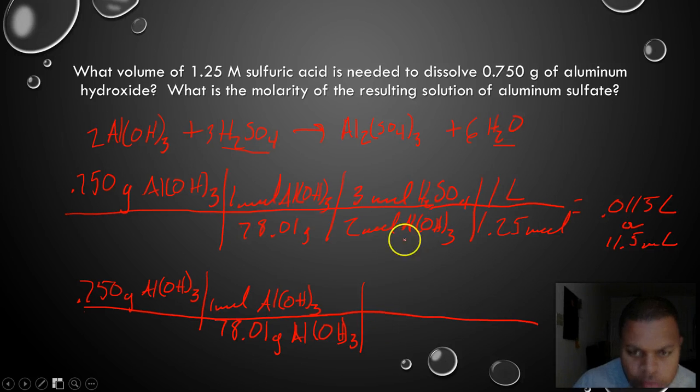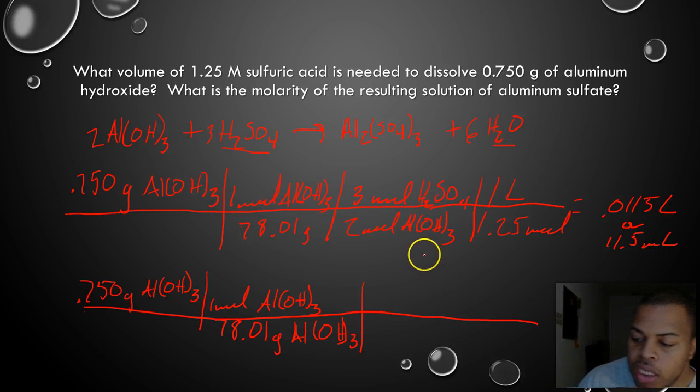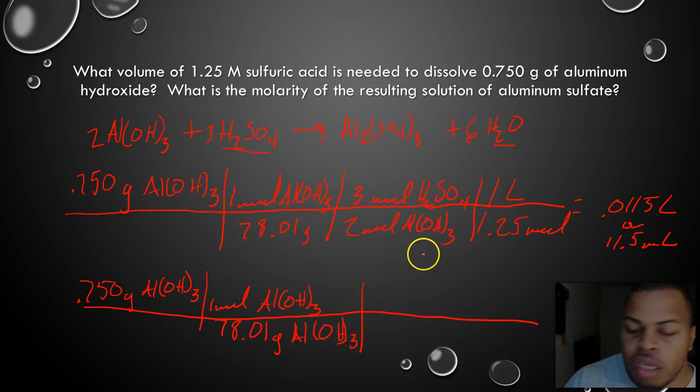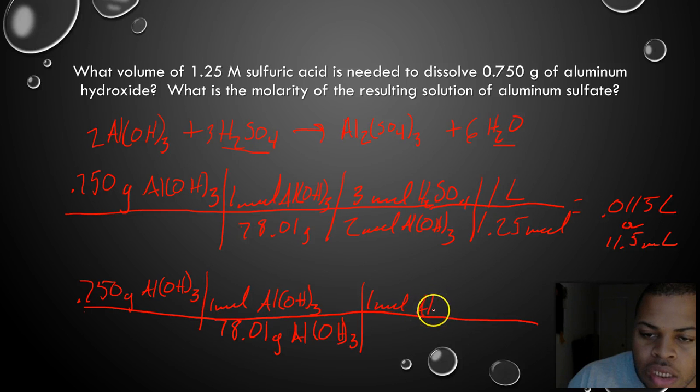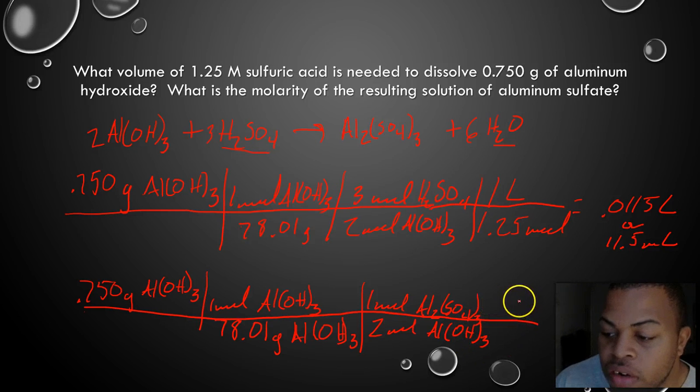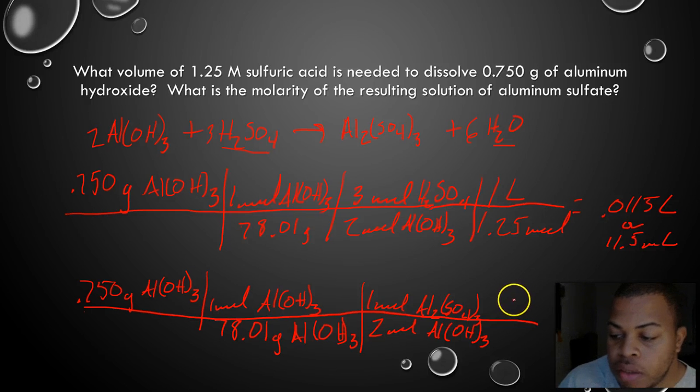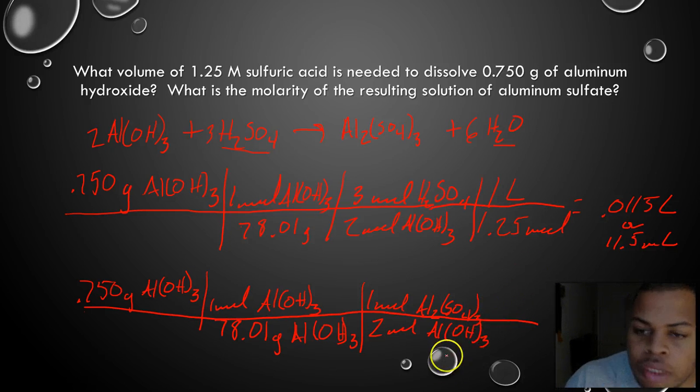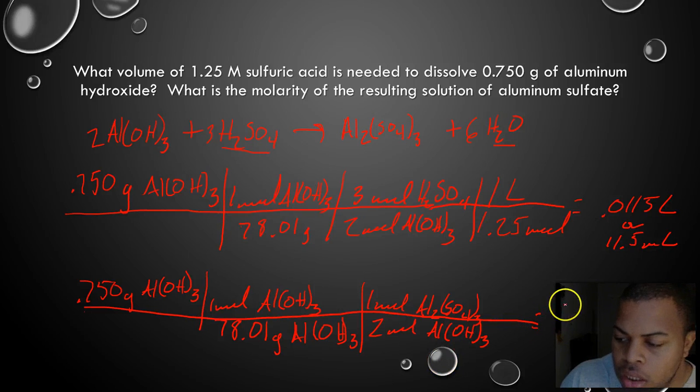Now the relationship we have between the aluminum sulfate and the aluminum hydroxide is 1 mole of aluminum sulfate, Al2(SO4)3, to 2 moles of aluminum hydroxide, Al(OH)3. This will give me my number of moles that I need, which is going to come out to approximately 0.00481.